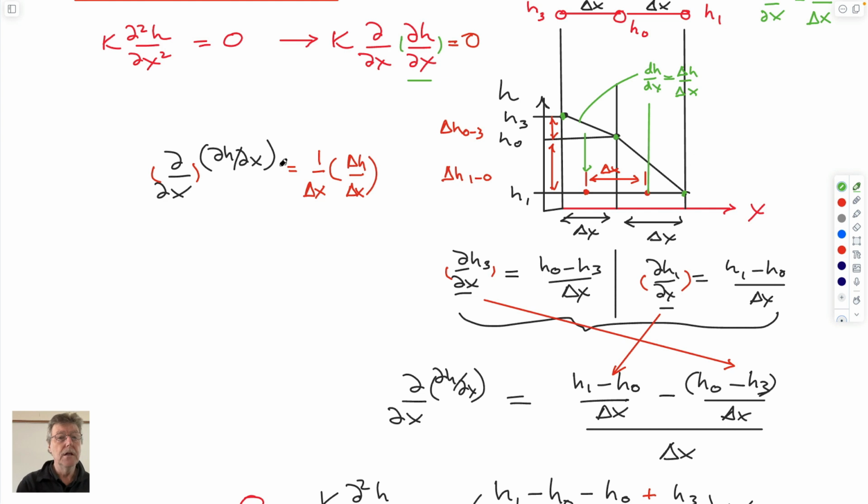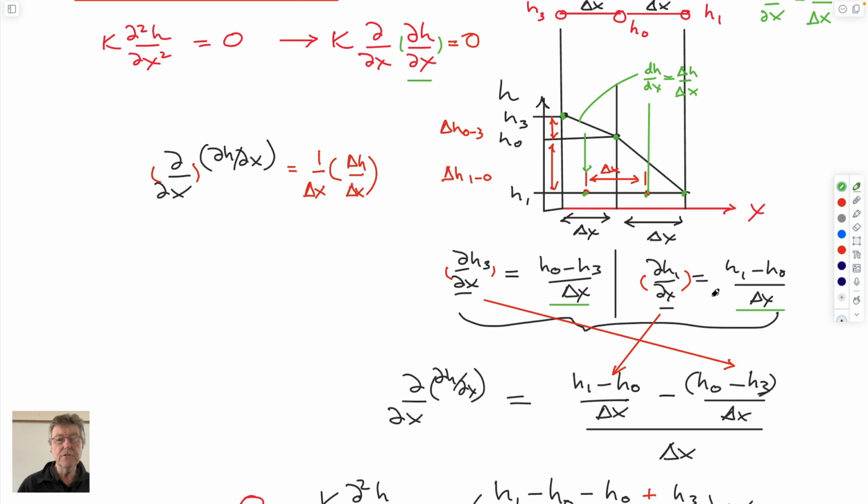So that's fine. But we want to know what this second order derivative is. So the second order derivative is the change in head with length over the change in length. So we have values for dH dx both here and here. And those values are these two values here.